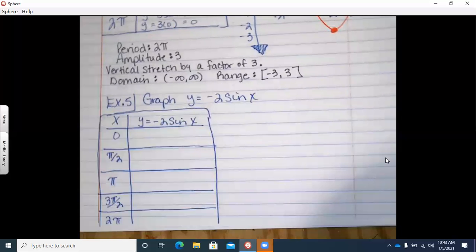And I'm going to go ahead and draw my graph. And what's the amplitude going to be? 2.